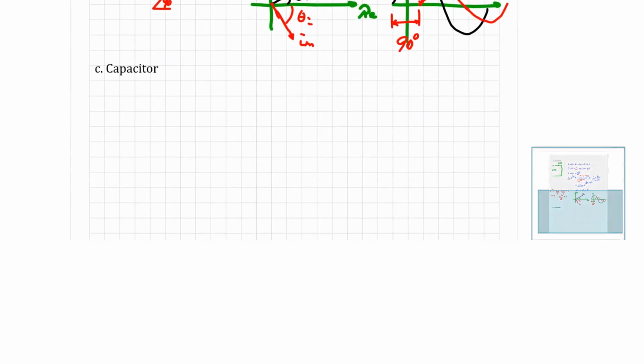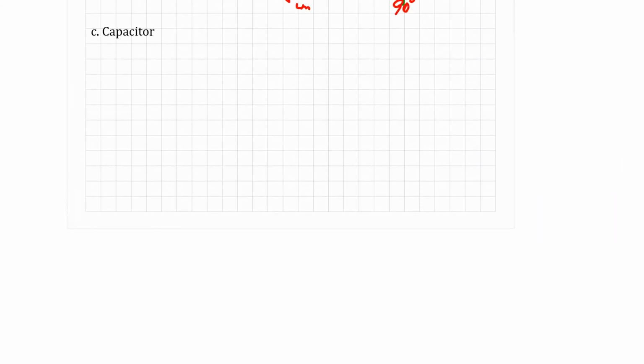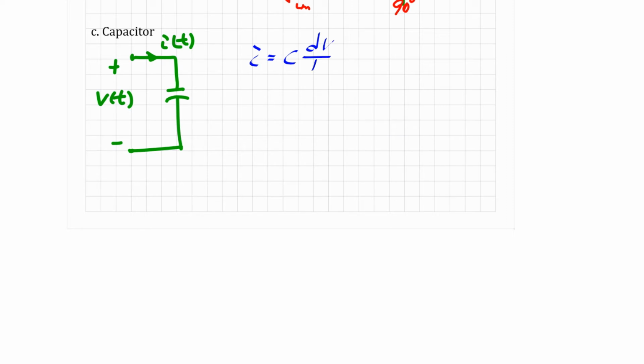So the next thing we wanted to look at is capacitor. We're going to look at how the capacitor works and what's the relationship between the current and voltage. Now this time what we know is that the current I is equal to C dV dt.